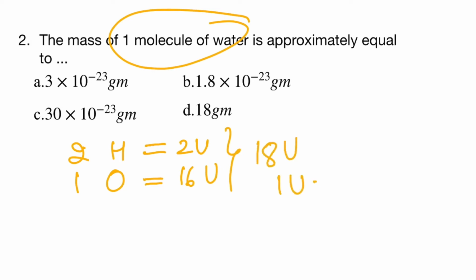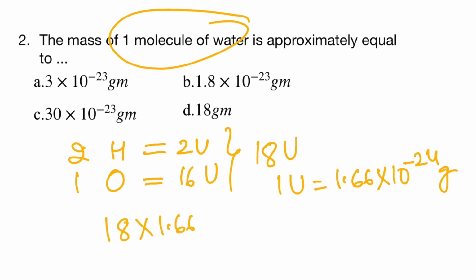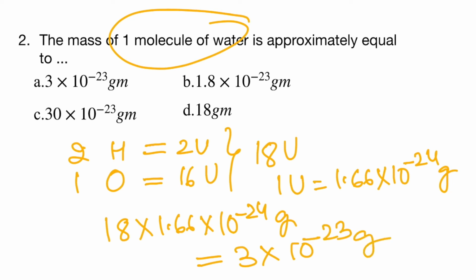And 1 unit is equal to 1.66 into 10 raised to power minus 24 grams. The mass of 1 molecule of water in grams will be equal to 18 into 1.66 into 10 raised to power minus 24 grams, and this will be approximately 3 into 10 raised to power minus 23 grams. So your option number A is right.